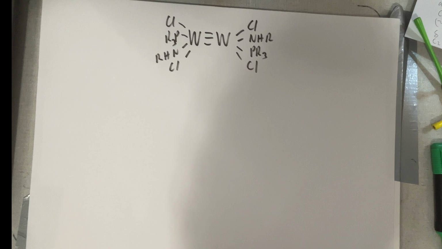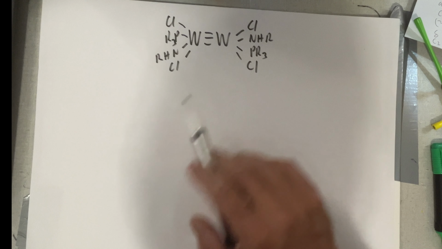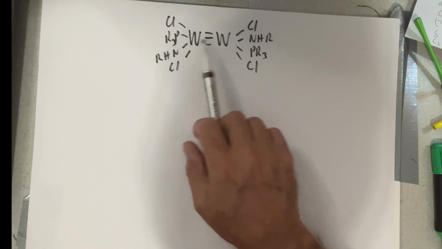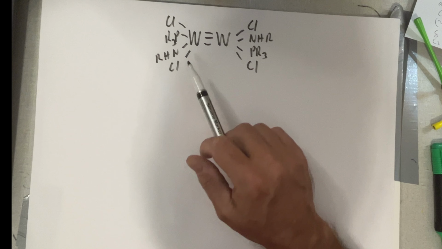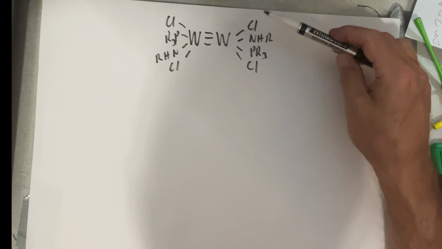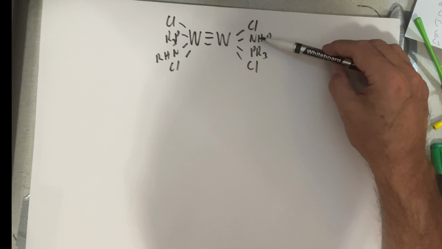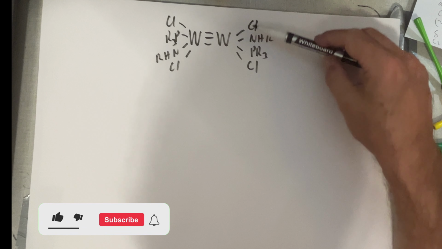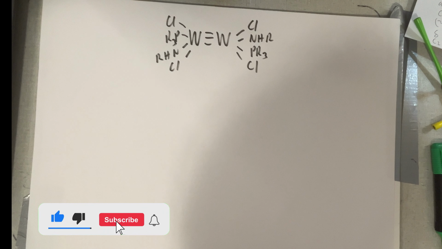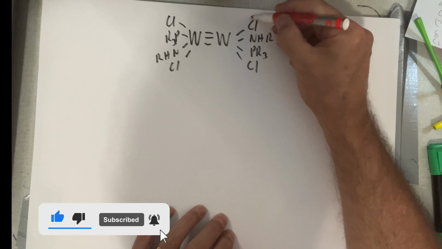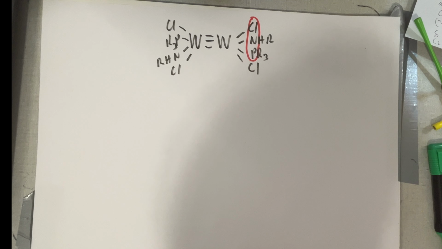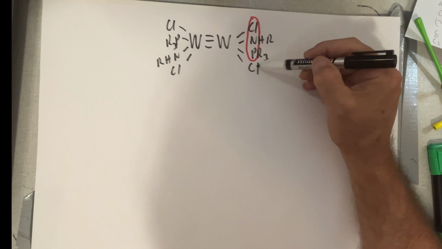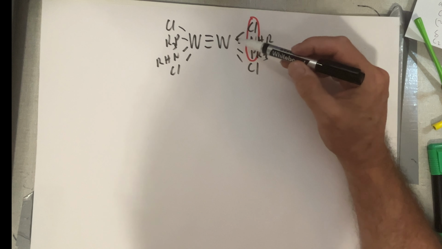In today's video, we are shown a tungsten complex that has a triple bond, two tungsten atoms, so it's a ditungsten complex, and each of the tungsten atoms has a chloride, amine, phosphine, and another chloride. So there's a total of three different donor atoms, chlorine, nitrogen, and phosphorus, and then there's obviously another chlorine on each of the tungstens, and the same on the other side.